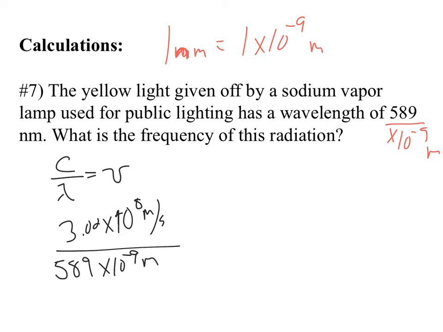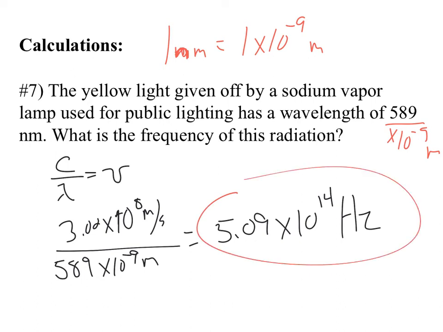Again, if you just wrote 589 on the bottom and did the division that way, you will probably get the same number that I'm going to show you for the coefficient, but with a different exponent. So it should come out to 5.09 times 10 to the 14th hertz frequency, cycles per second.